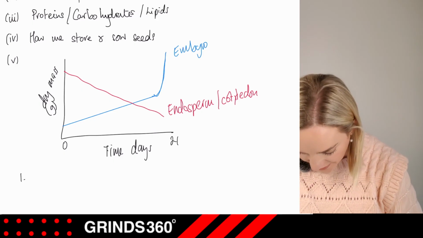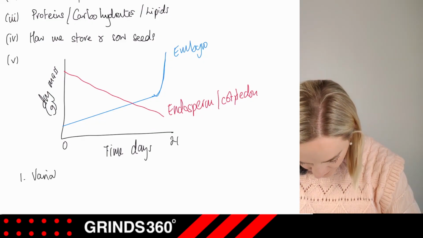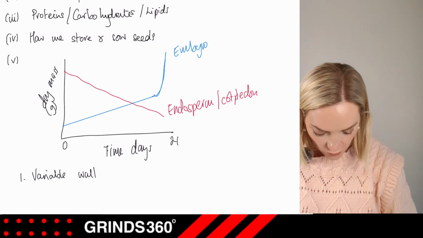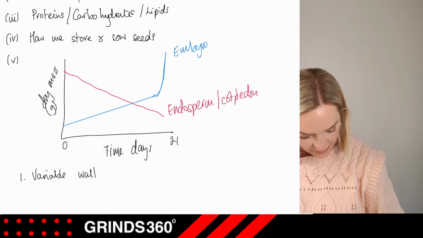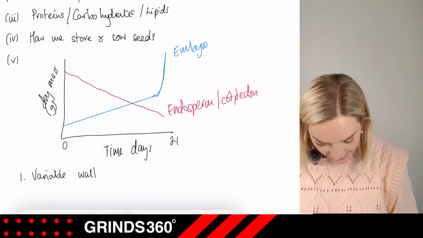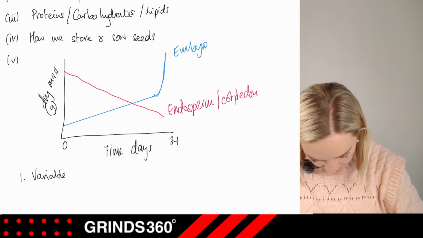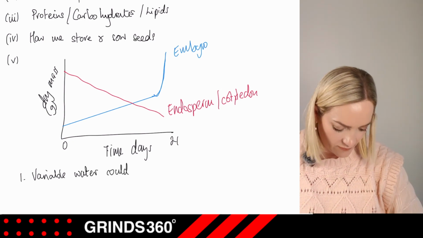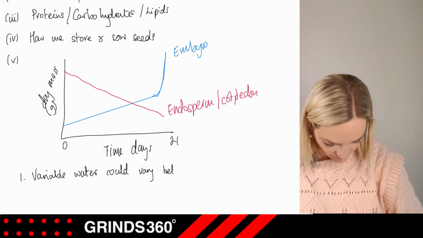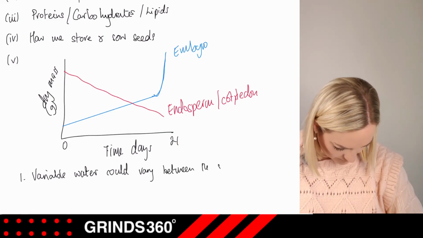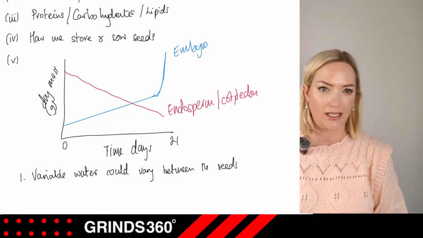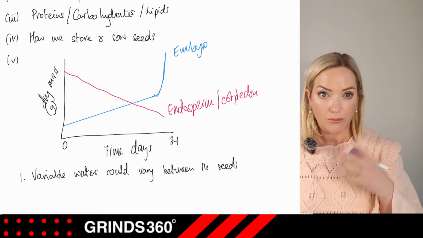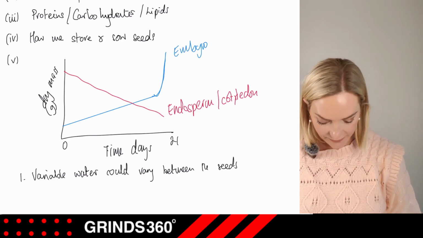So I'm going to say the variable, the water content, could vary between the seed. We know that water is getting used up, and also if it's respiring or a developing embryo, it's going to be producing water. So that's how it can vary.